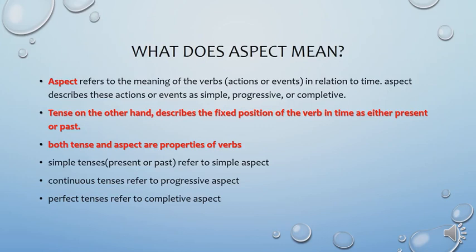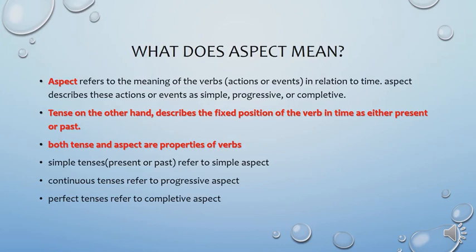So to summarize, both tense and aspect are features of verbs, properties of verbs. And of course, there is a relationship between them. We can understand the aspect of a verb from its tense. The tense tells about the aspect of the verb.